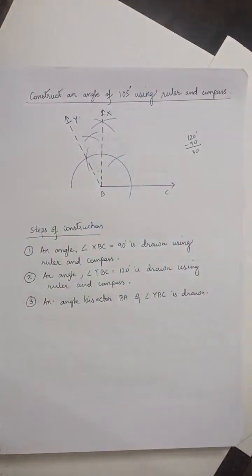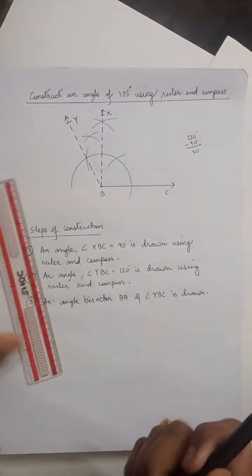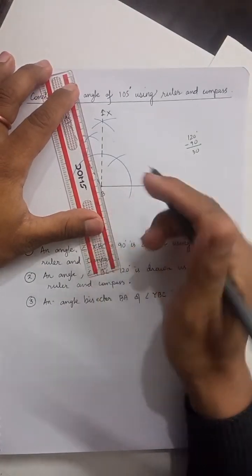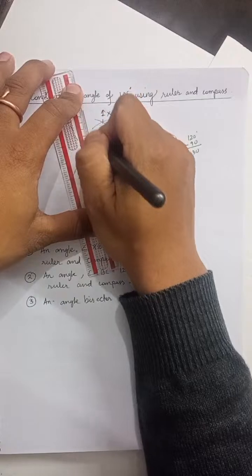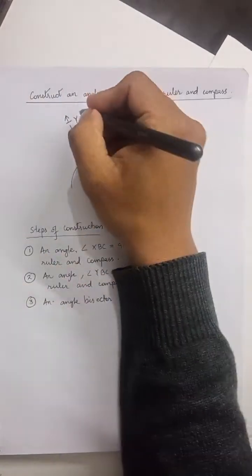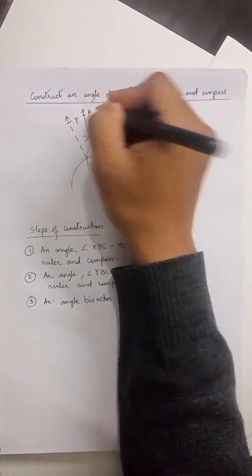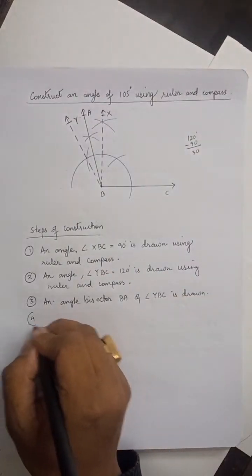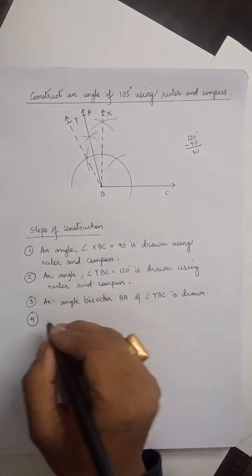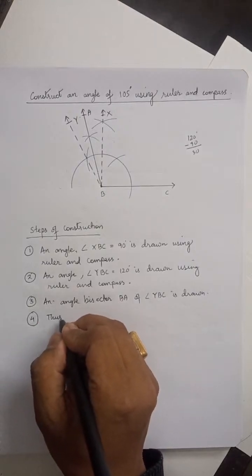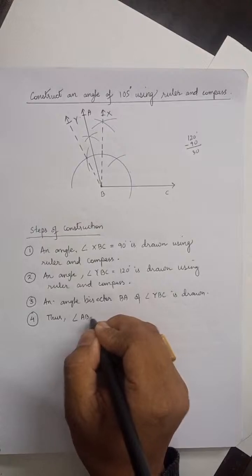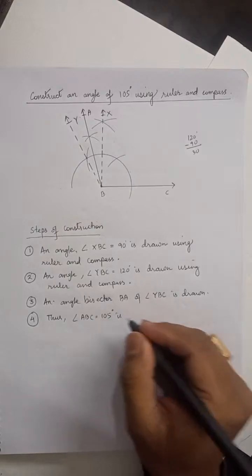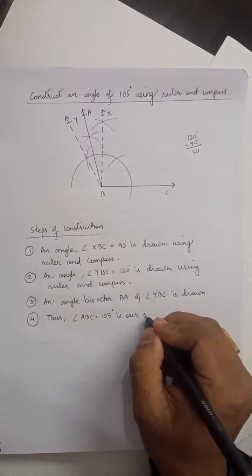Then we'll join the intersecting point while we draw it. So this is my angle ABC. Angle ABC is equal to 105 degree. So therefore, or we can write thus, angle ABC equal to 105 degree is our required angle.